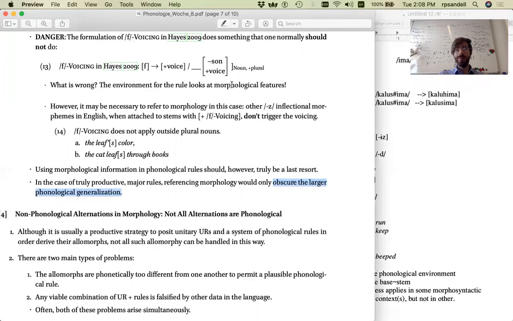Sometimes people are tempted to unnecessarily refer to morphosyntactic features if they mostly see the operation of some process under particular conditions, like alternations between the singular and the plural of nouns.